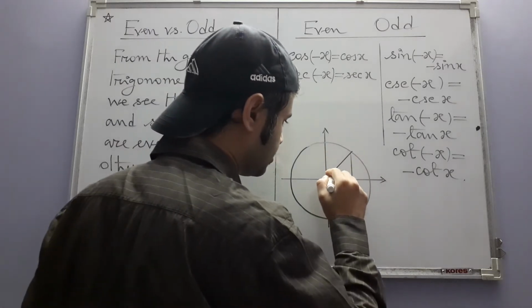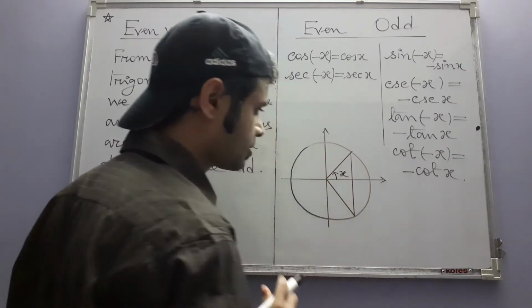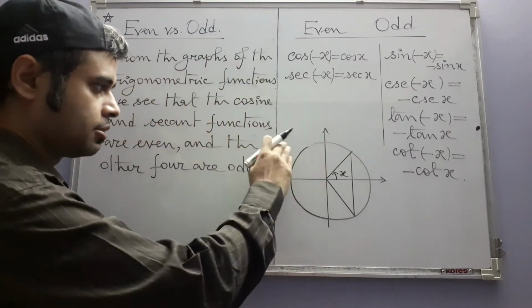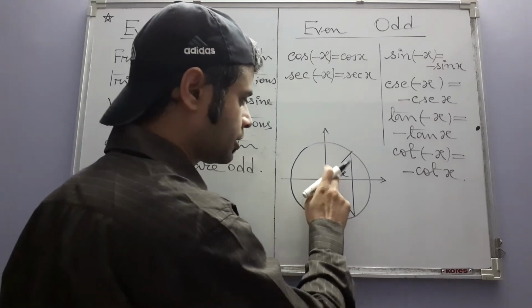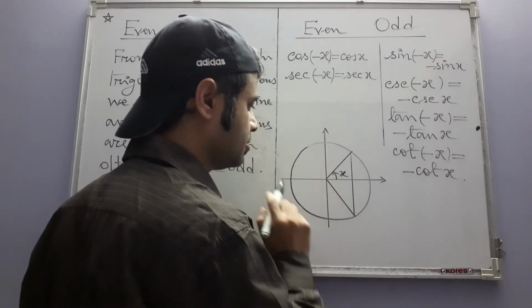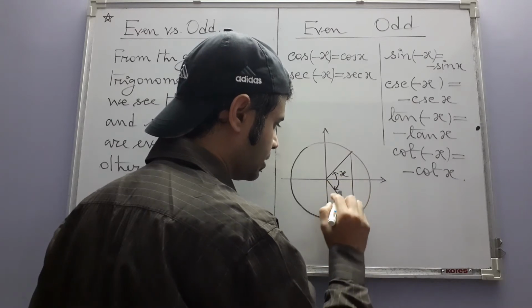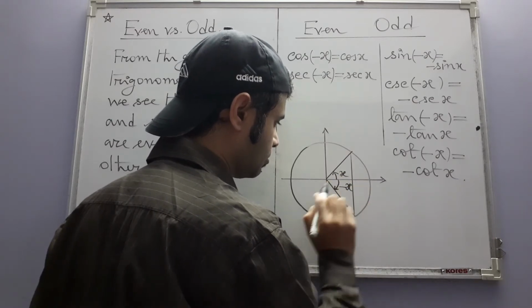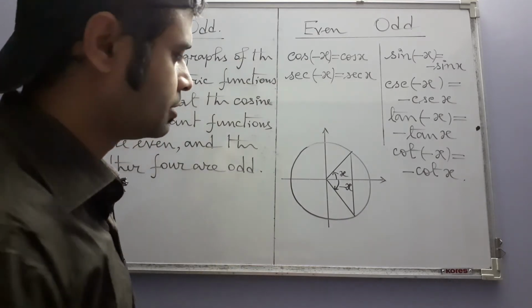So this is your x radian, which is in the counterclockwise sense. The rotation is in the counterclockwise sense, so it is positive, and the corresponding minus x radian is this angle where the rotation is clockwise.